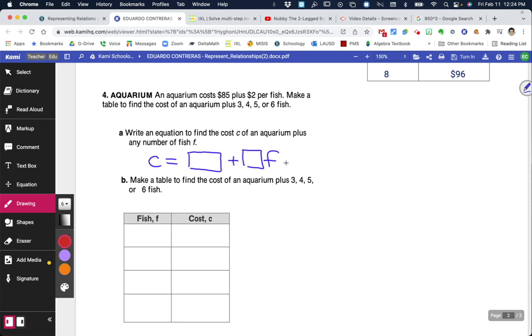It's a little different. If you read the problem, you'll see what the equation should be. Write the equation, and then you're going to use that equation to fill in the chart, okay? So I'll leave you to finish that. And once you're done with that, that's it. Turn it in. We're done with this assignment. Okay? Any questions? All right. And if you're doing this at home, make sure you do the same thing and make sure you turn it in.